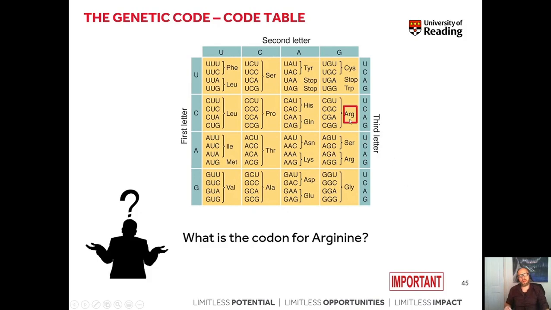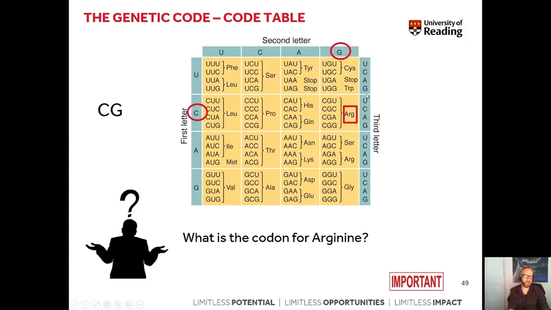In order to identify the codes coding for arginine, we need to start at the first letter. You need to go to the left and then you will find that the first letter is a C. The second letter here, you need to go up, is a G, right?